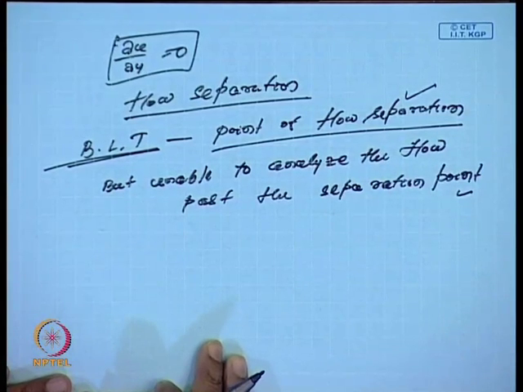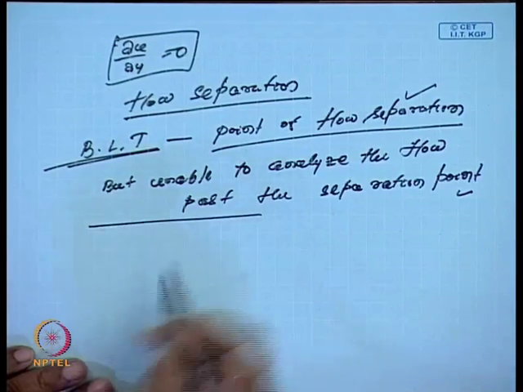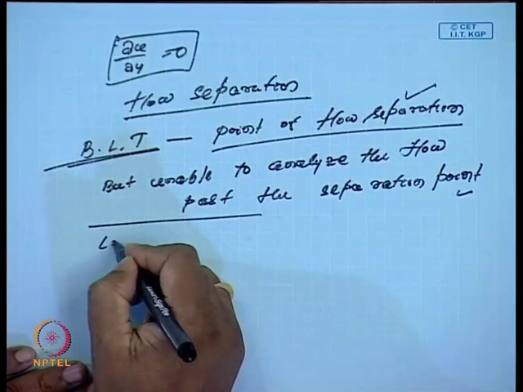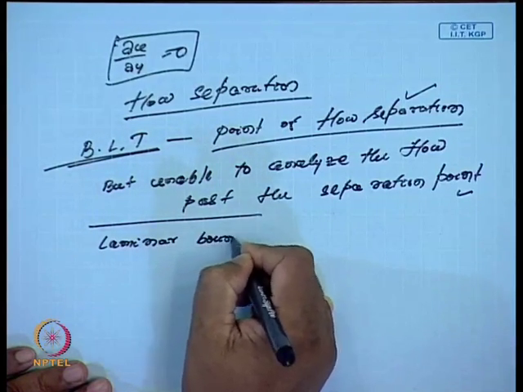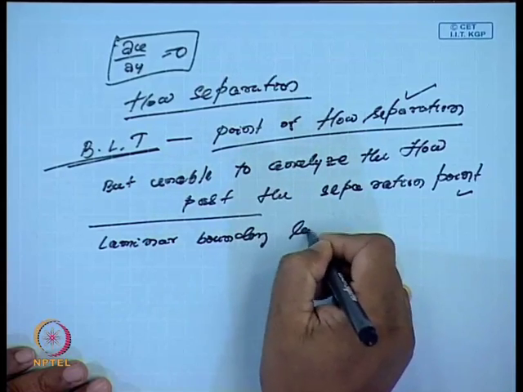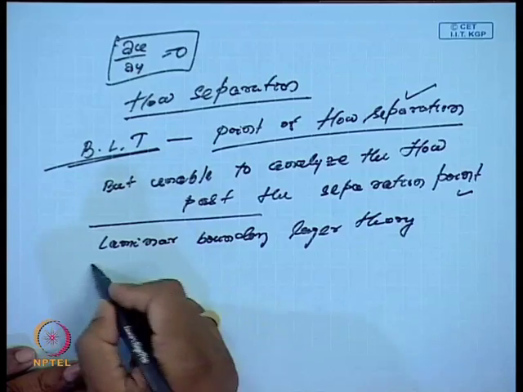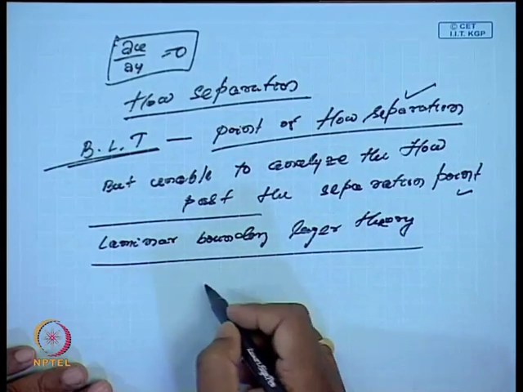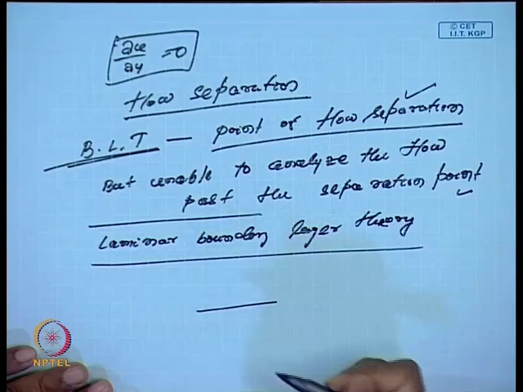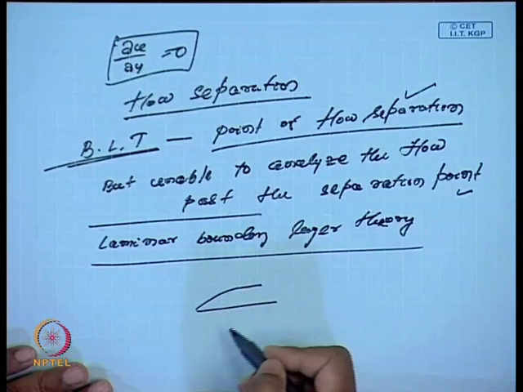There is another thing. We have already talked a lot about laminar boundary layer theory. This theory holds when the fluid becomes viscous just adjacent to a wall boundary, and beyond the wall boundary the flow is inviscid.